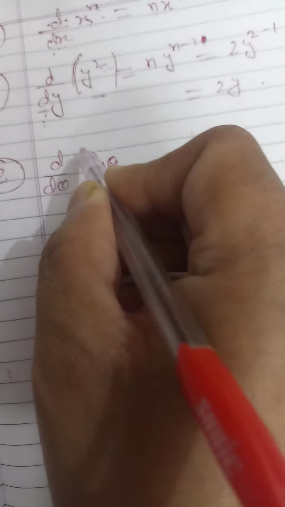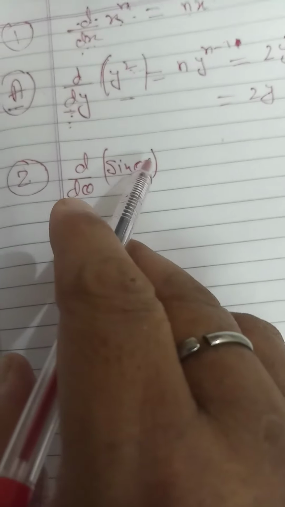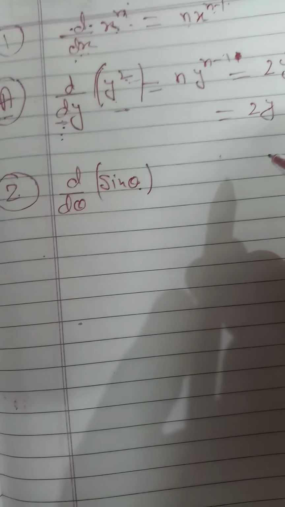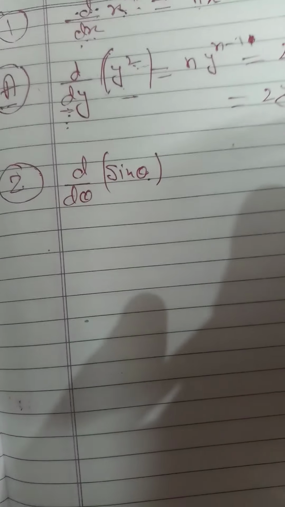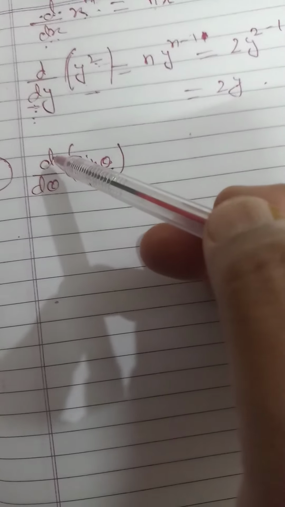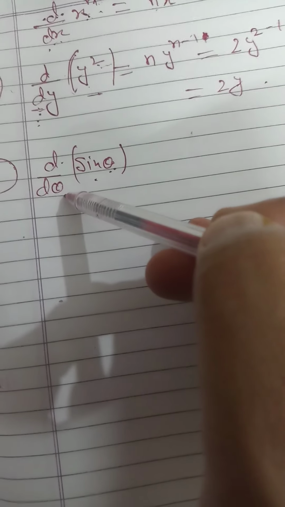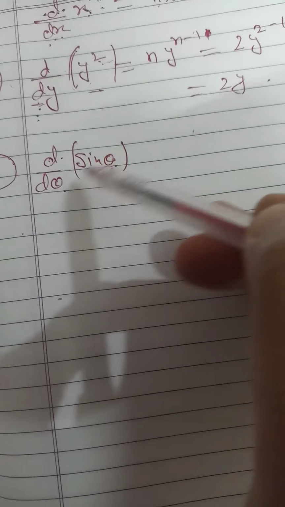So we are differentiating sine theta with respect to theta. Again I am telling you, differentiation can be done only of those things which are variable. Differentiation of any constant term is 0. I am differentiating sine theta with respect to theta.